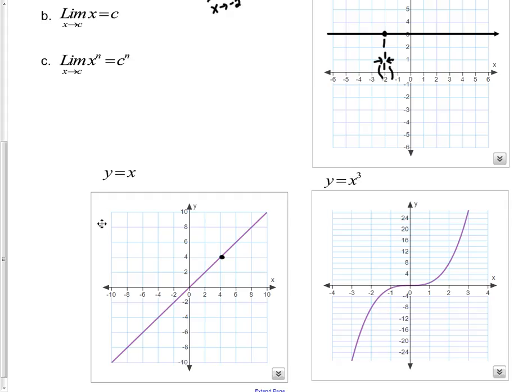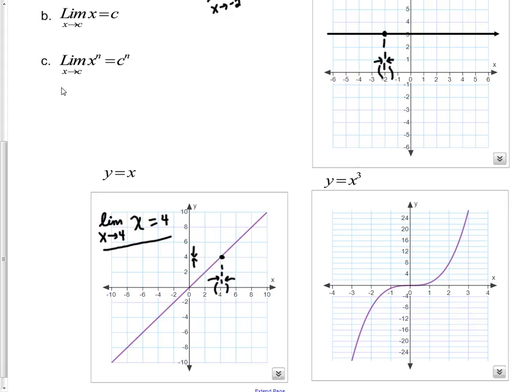Well, the limit, it looks like, as x approaches 4 of the function y equals x would be equal to 4, because as we get into the x neighborhood near 4, at every point of x, the y value also approaches 4 from above and below, and in a very well-behaved way. I don't think many functions are more well-behaved than y equals x. So this is an example of our second property.